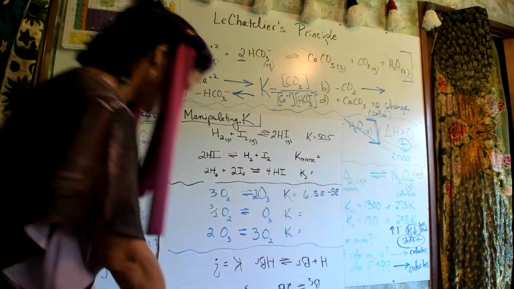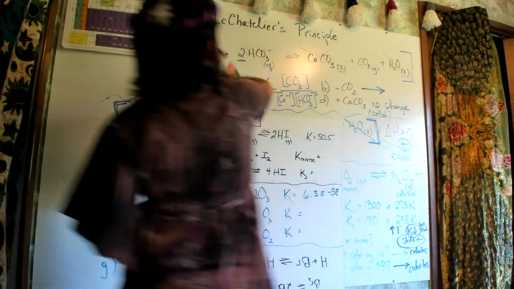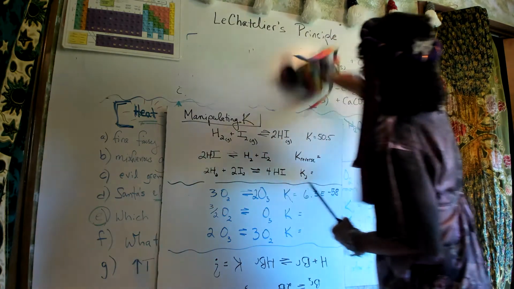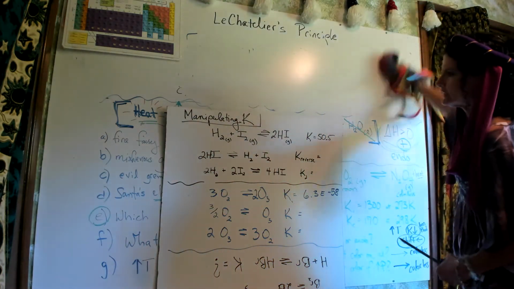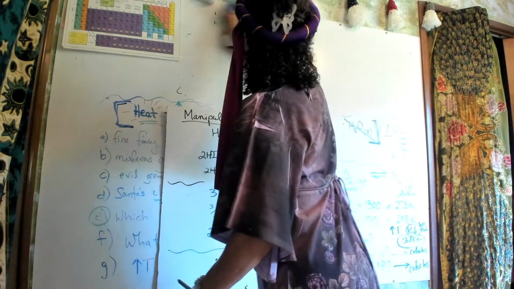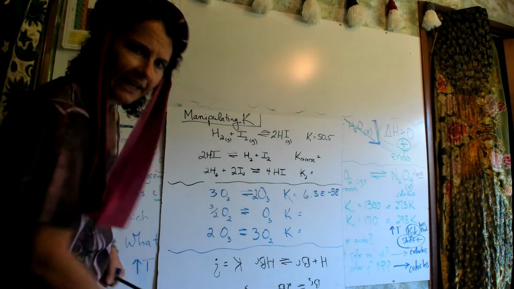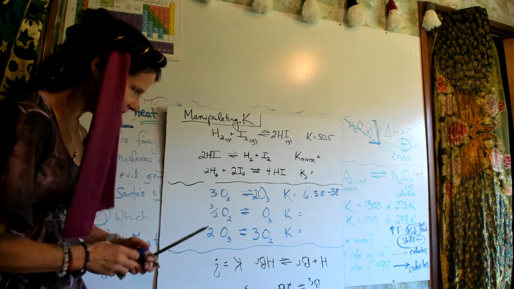So manipulating K. We can erase all the other stuff above it so you're not confused. We're not stressing it. We're just going to manipulate it. All right.